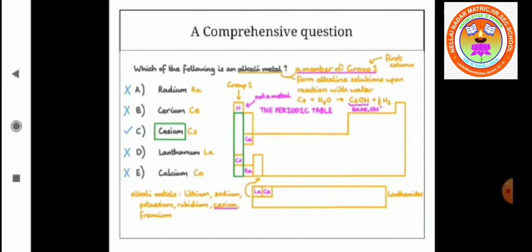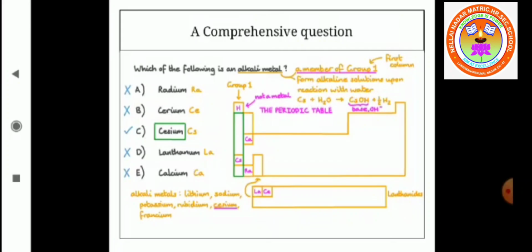Similar to alkaline earth metals, these alkali metals also, when they react with water, form their hydroxides, which are basic in nature. They act as bases. In lower classes, we have studied about acids and bases, no children? What are acids? An acid is a substance that has the ability to donate H plus ions when dissolved in water. What is a base? A base is a substance which when dissolved in water donates OH minus ions, hydroxide ions or hydroxyl ions.